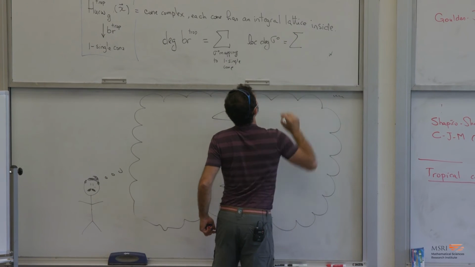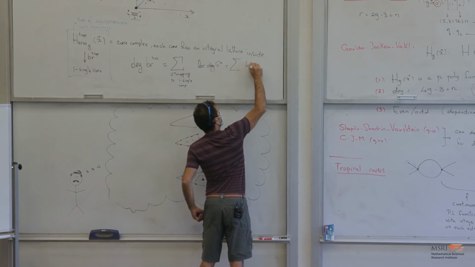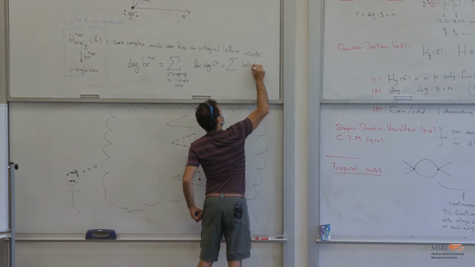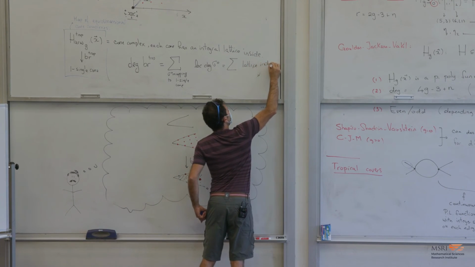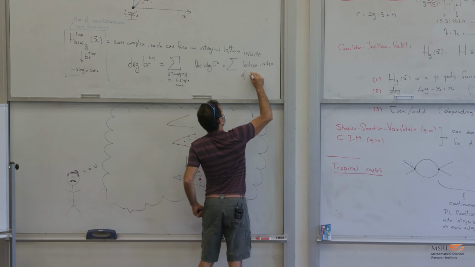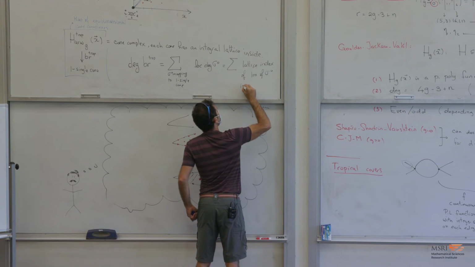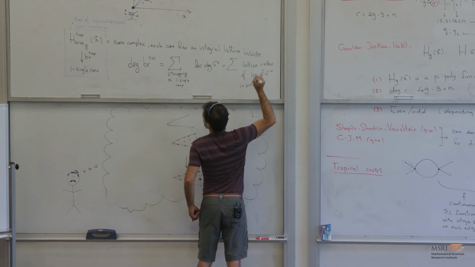And so this local degree is the lattice index of the image of sigma inside the one single cone.